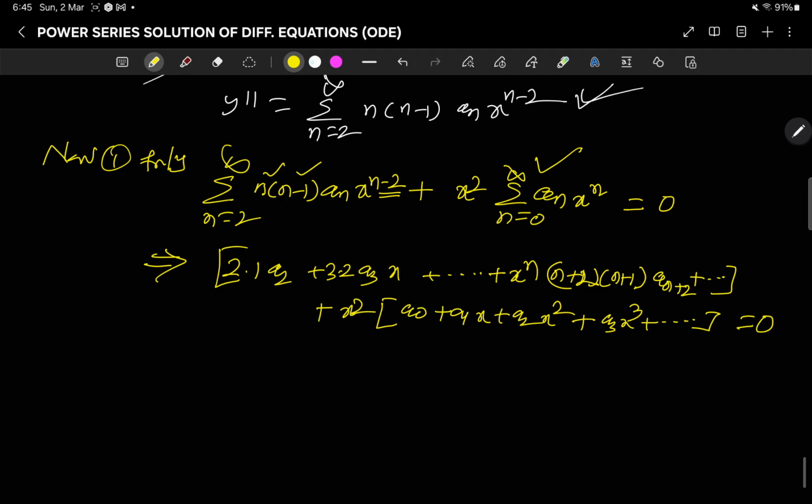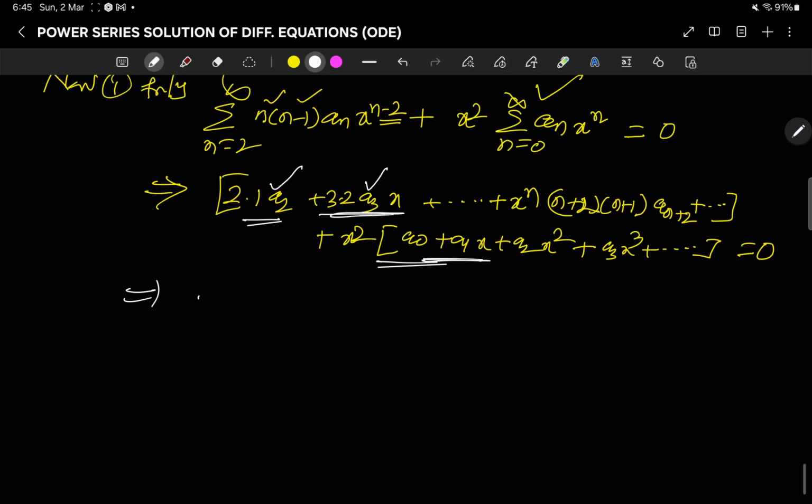Now I collect the like powers of x. Here a2 is a constant, here there is no constant, so a2 is 0. There is not any coefficient of x here, but the coefficient of x is a3, so a3 is 0 in this process. So this implies it is my 2a2 plus my 6a3x. There is no term here with these coefficients.